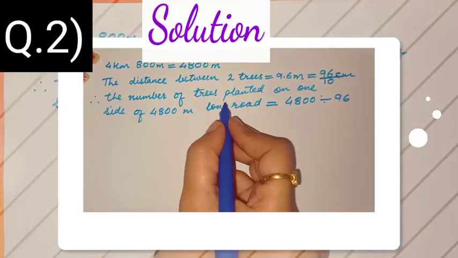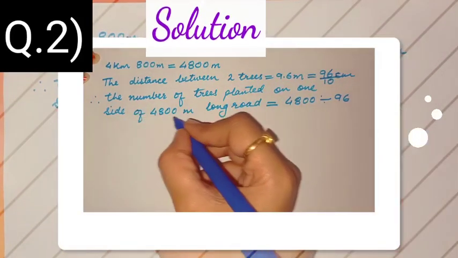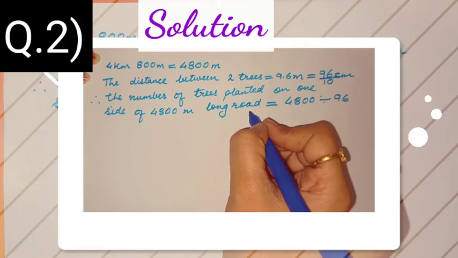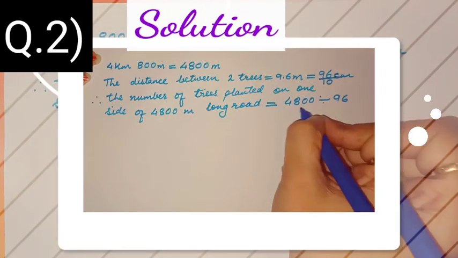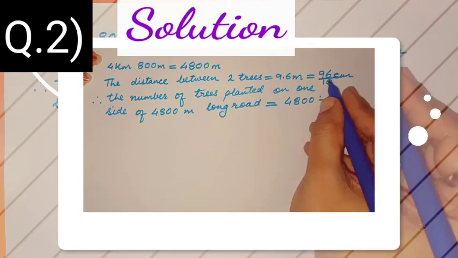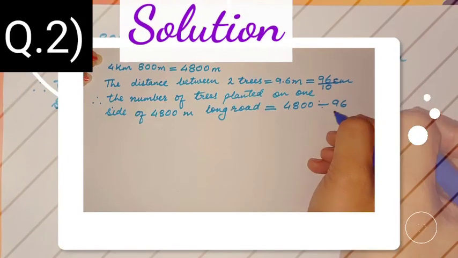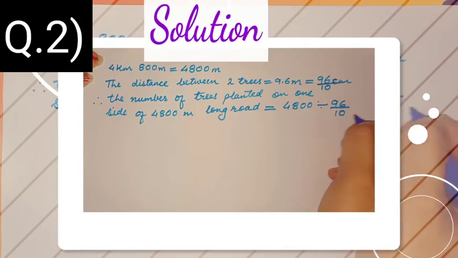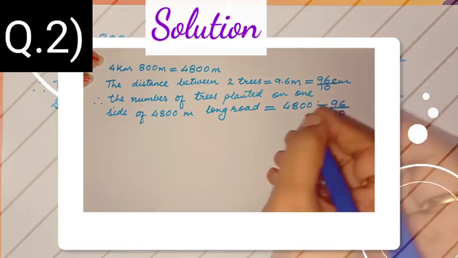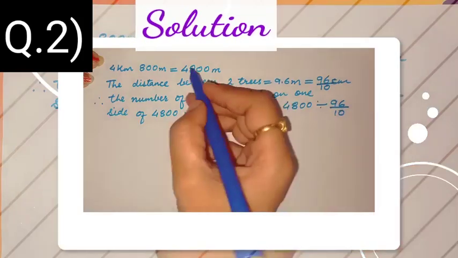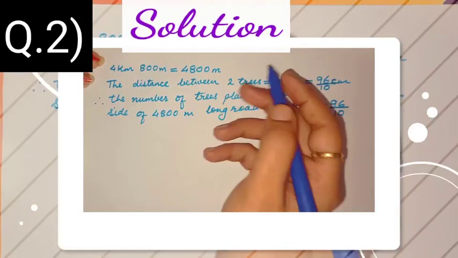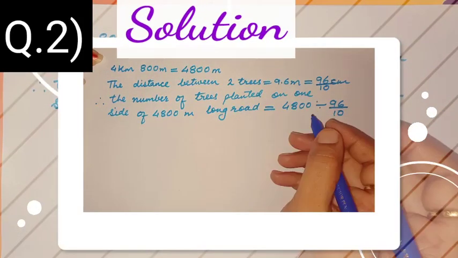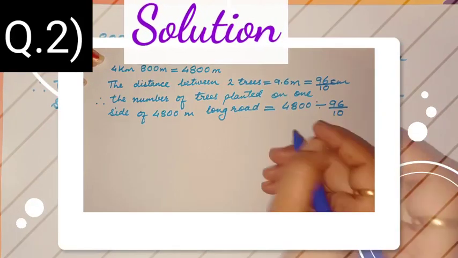The number of trees planted on one side of a 4800 meter long road is equal to 4800 meter divided by 96 upon 10 meter. So both are in the meter form. So let us divide it.